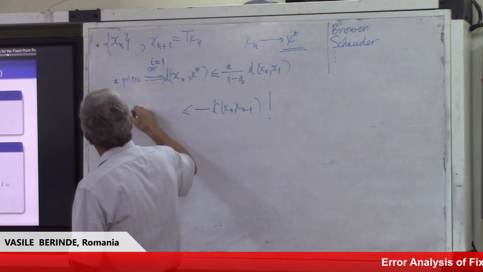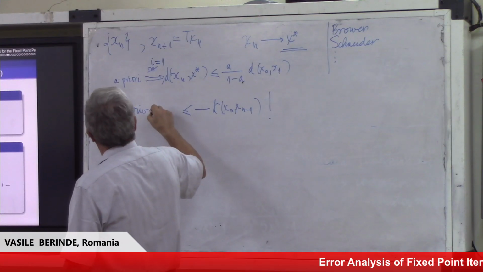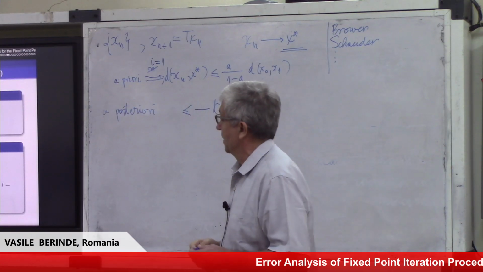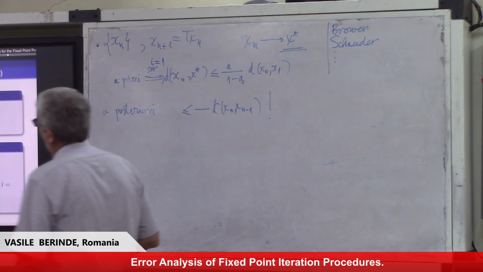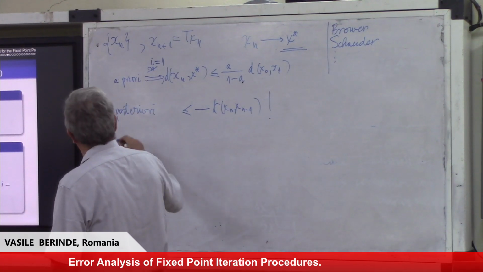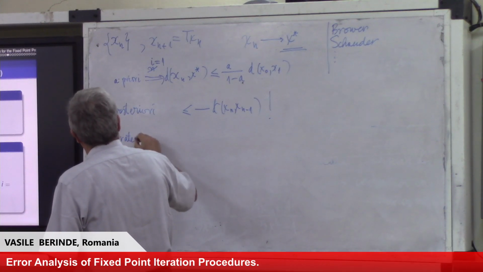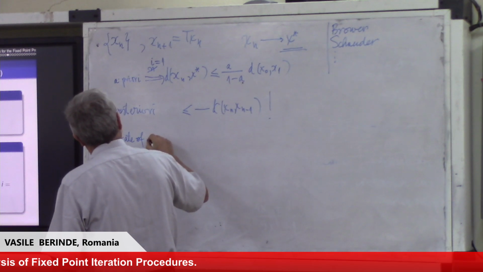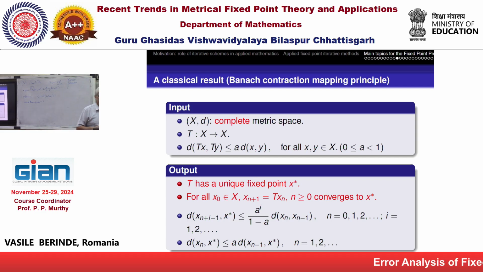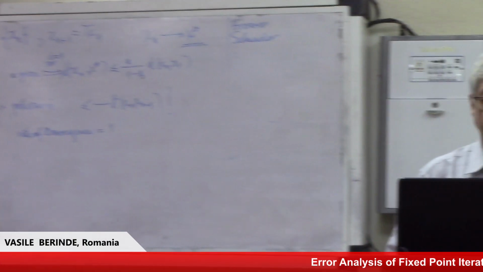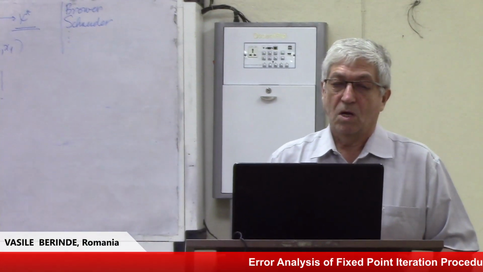I have shown you what is useful having this, and the last condition, this one, shows that the rate of convergence is linear, is 1. This means the Picard iteration has linear rate of convergence.